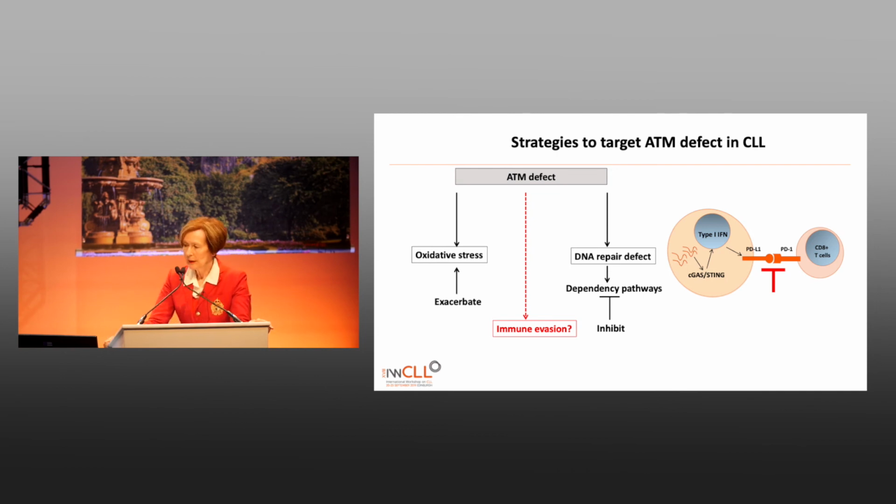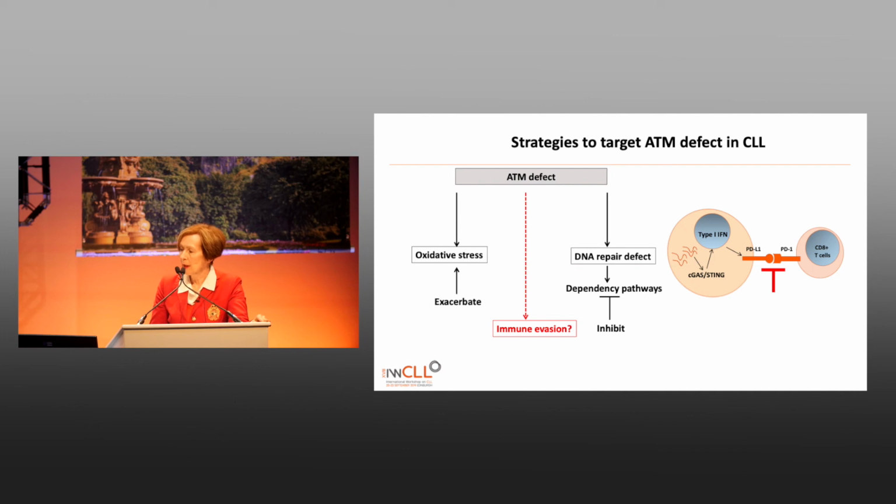Namely, what we are currently addressing is the fact that accumulation of DNA fragments in the cytosol of ATM deficient CLL cells is inducing the cGAS-STING sensing pathway, which has the ability to induce a type 1 interferon response with a number of responsive genes, one of which during long-term stimulation is the PD-L1 molecule, and this can be involved, as you know, in evasion of immune response to tumor cells.